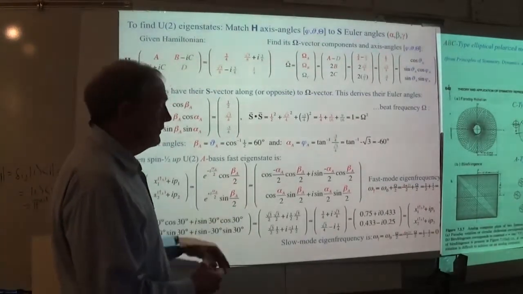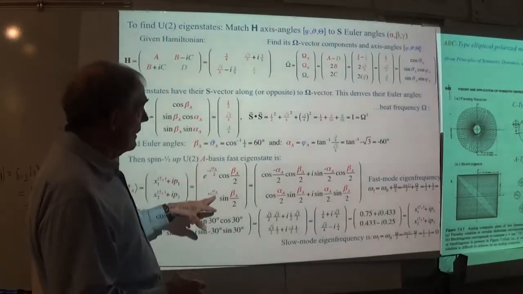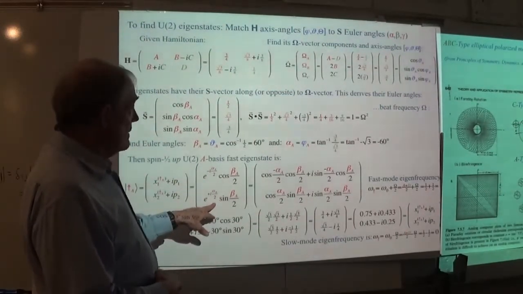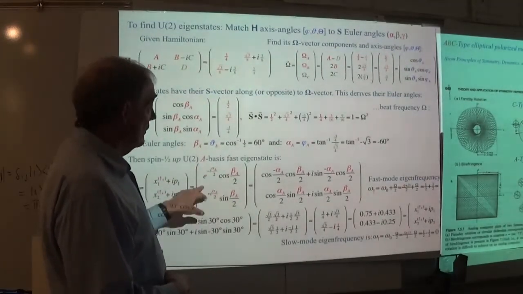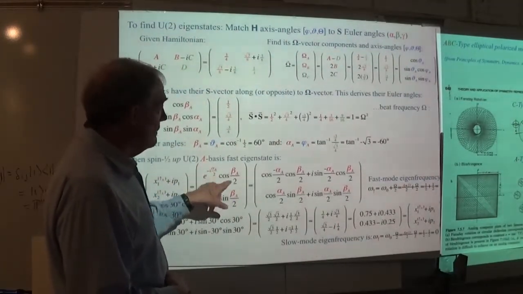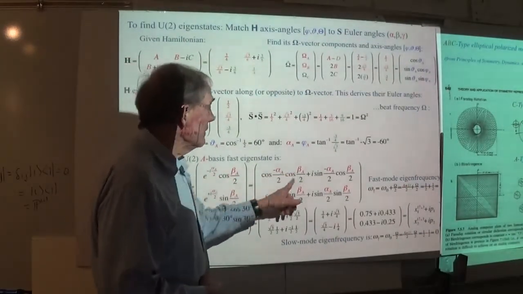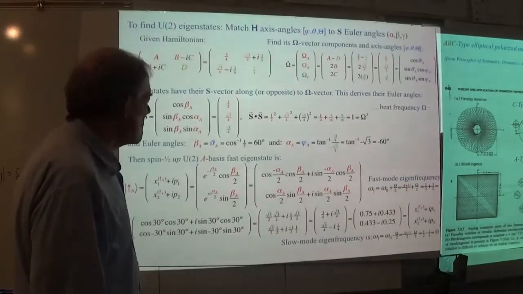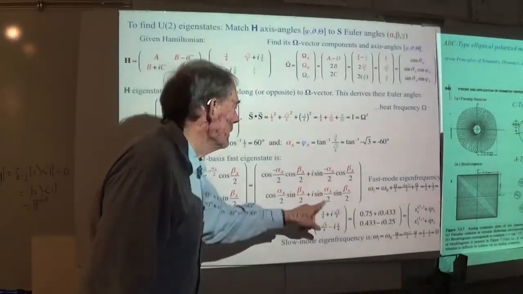The overall phase is not being specified here. We're just interested in the state without worrying about that. That's the guy that we calculated as a generic state, so I only have to put my alpha in. I have to put in my beta, expand it, okay?